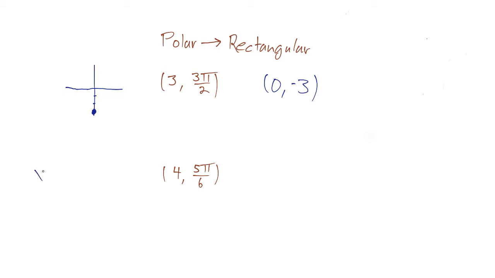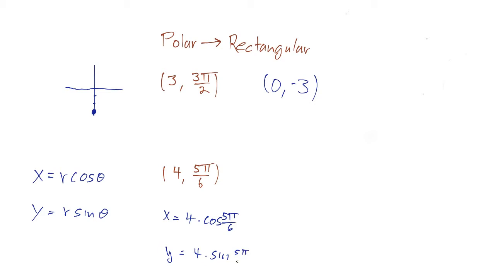Instead, let's use the fact that x is always equal to r times cosine theta, and y is equal to r times sine of theta. Alright, let's just plug in r, the 4, and theta, 5π/6, and we get that x is equal to 4 times cosine of 5π/6, and y is equal to 4 times sine of 5π/6.